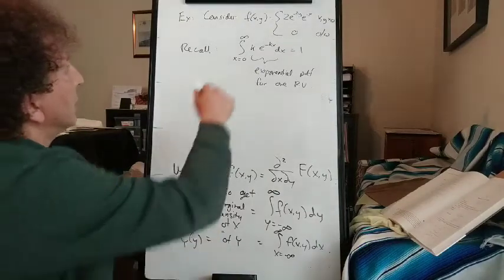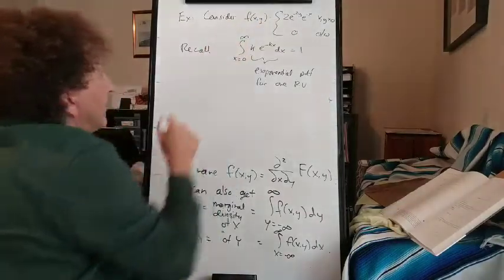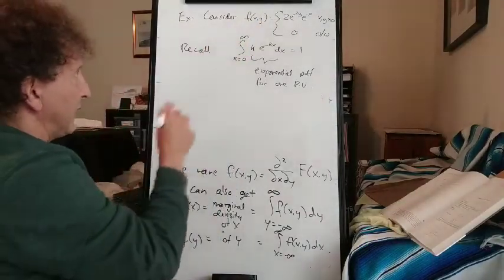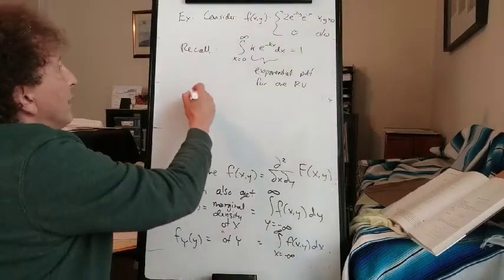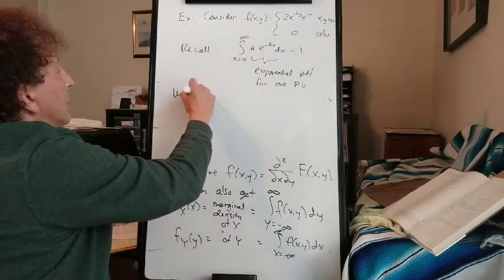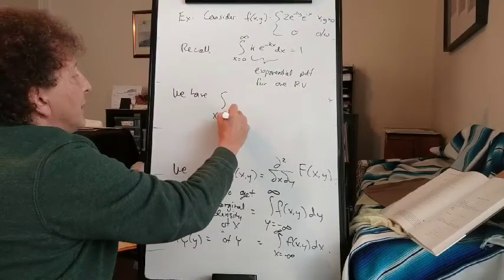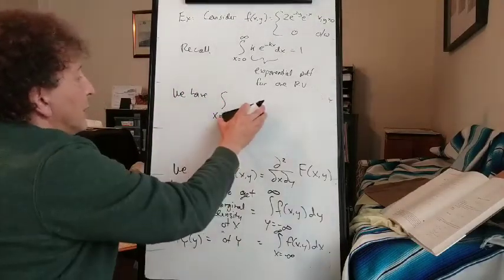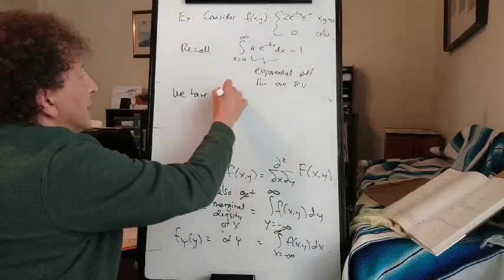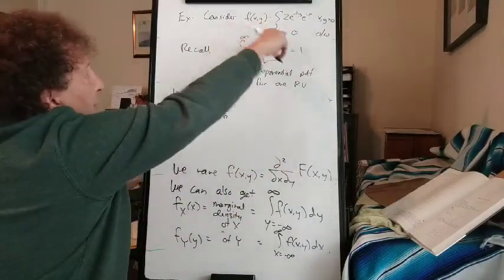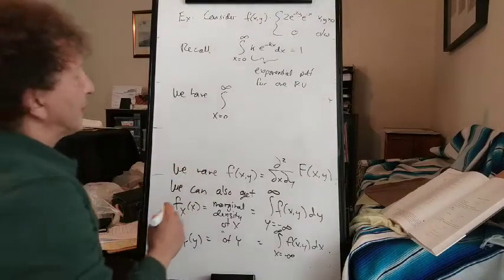Alright, so let's see that this is actually a probability density function, that its integral is 1. So we have the integral as x goes from 0 to infinity. We can start with 0 because this function is 0 for x less than 0.